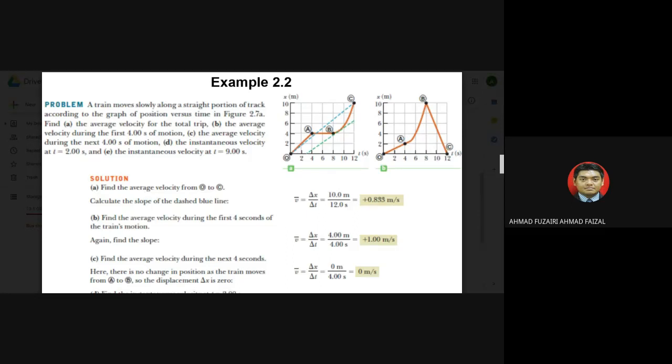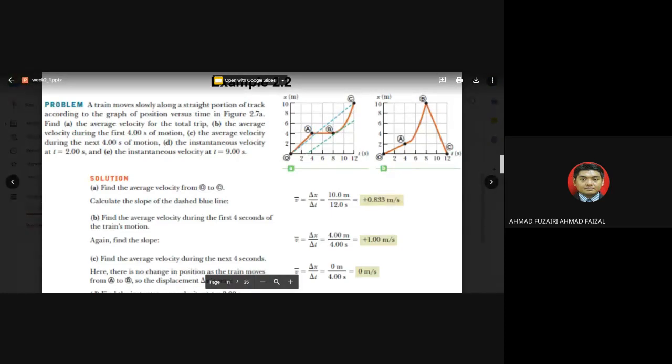And D, okay, part yang paling penting, the instantaneous velocity at time t equals to 0. So biasanya soalan instantaneous velocity ni always mention about a specific time. Okay, at time t equals to berapa, sebab dia nak tempat yang tepat, dekat mana berlakunya instantaneous velocity tersebut.